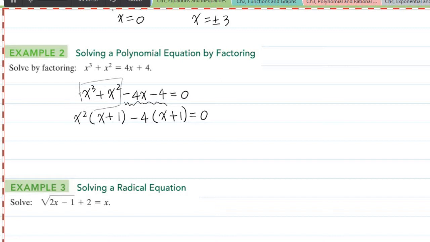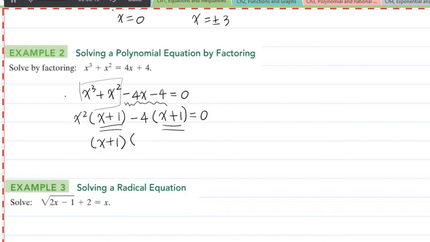Once we have this, now we look at how we can factor. With both groups, we have x plus 1 and x plus 1. Now we can take that out, because we both have the same factor here. When we take that out, we're going to have x plus 1.